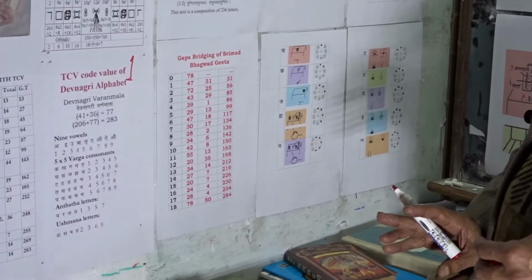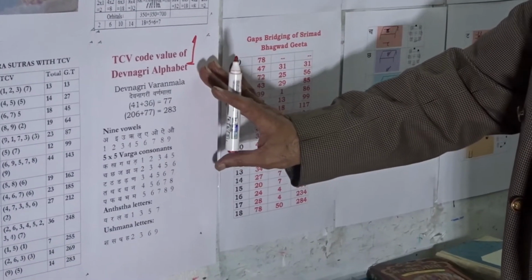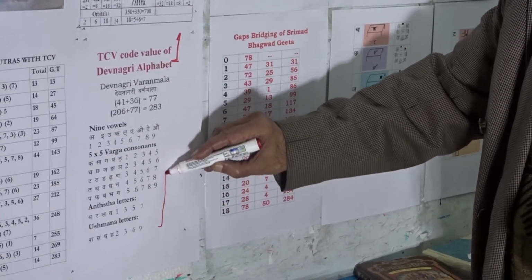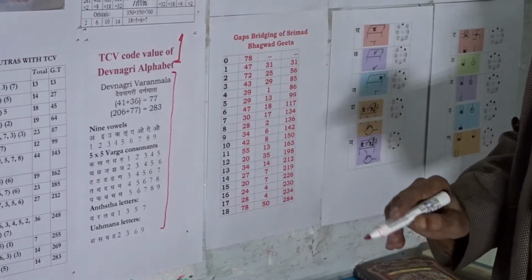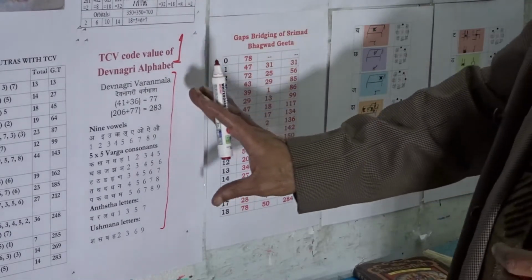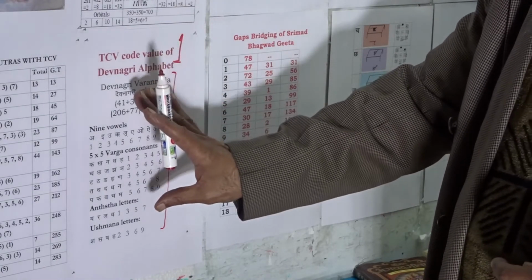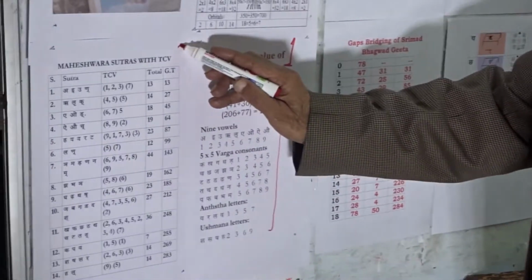Devanagari Varnamala. And this Devanagari Varnamala is of its 42 letters other than the Yama letters. These 42 letters are settled, formatted for their values in terms of Maheshwara Sutras.